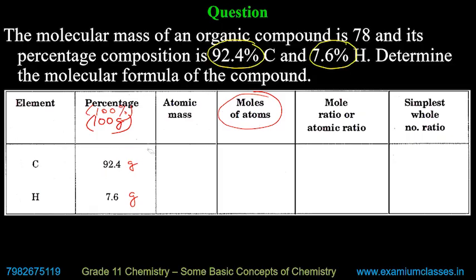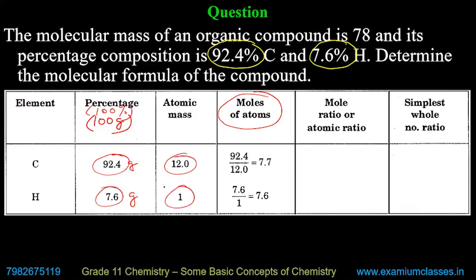In this case, the atomic mass of carbon is 12 and hydrogen is 1. Get the moles: given mass divided by atomic mass. And in many cases, you will get approximation. So 7.7 will be considered as approximately equal to 7.6. For example, if you get 1.99, it will be considered as 2.